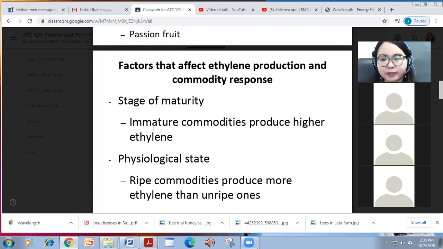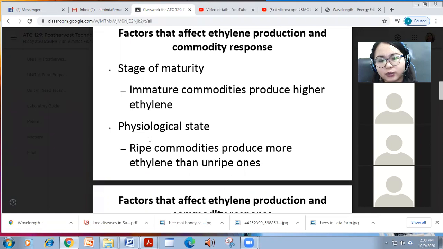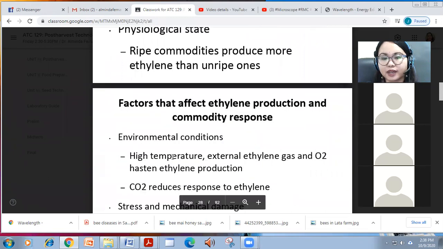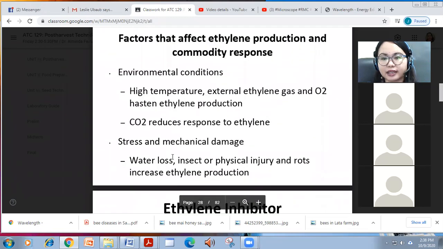When we say stage of maturity, when it is still immature, it has a lot of ethylene. For physiological state, ripe commodities produce more ethylene than unripe ones, so when it is ripe, it also has more ethylene.